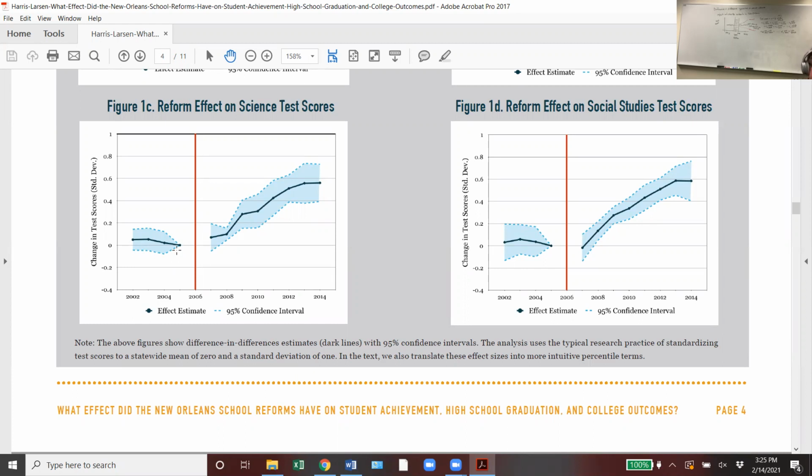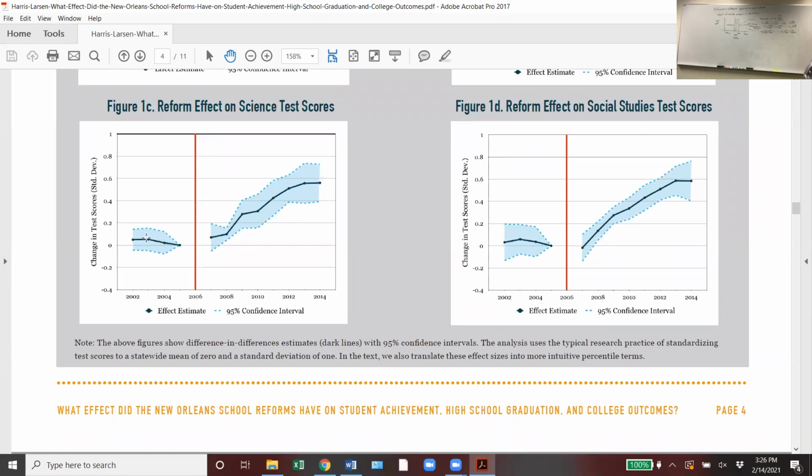So just prior, 2005, just prior to when Katrina hit, kids looked virtually identical in terms of their achievement. And so that's the 2005 point. There's no difference between them by construction. That's the way this propensity score matching works. You can look before 2005 to see if in 2004 they had different science scores in this case, 2003, 2002.